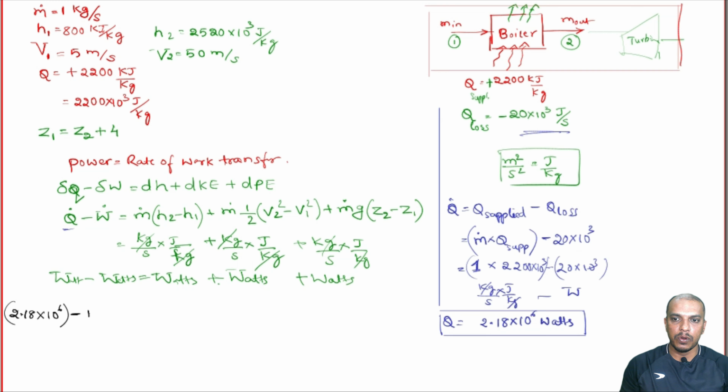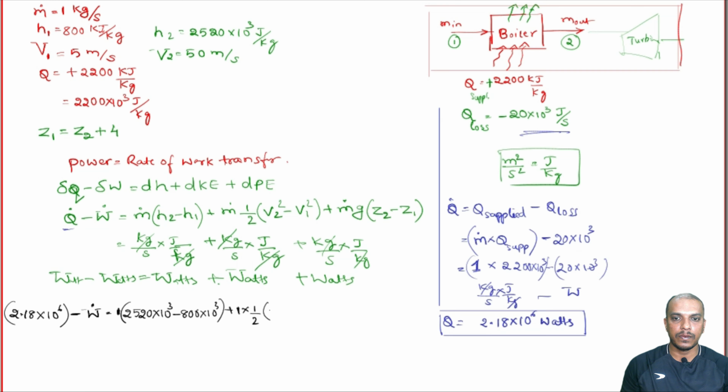Minus W is what we want, and m dot is 1, that would keep 1 as it is. Now H2 and H1 should be given, yes, 2520 into 10 power 3 minus H1 is 800 into 10 power 3 plus 1 into half of V2 square.